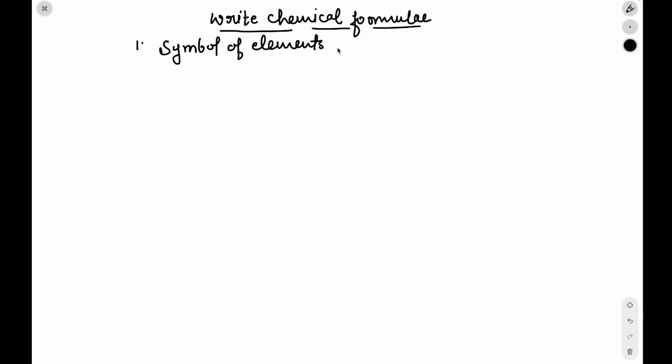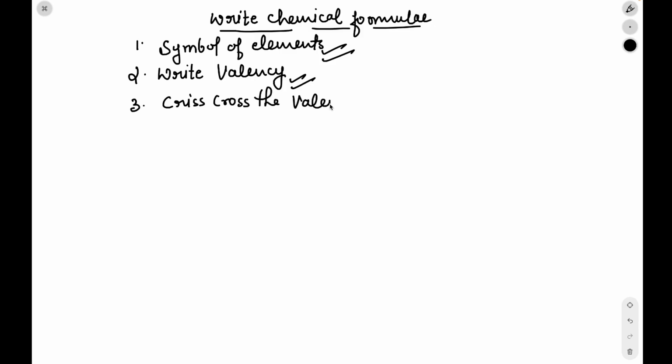Now, write the valency below the symbol. Next, write the valency of every element and then crisscross the valency. Finally, write the final formula without showing charges or valency.